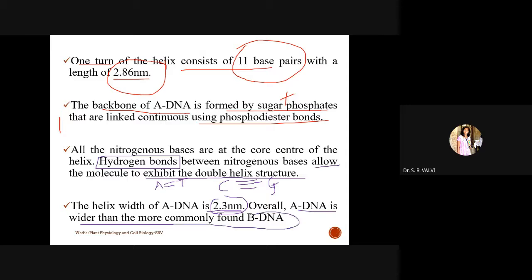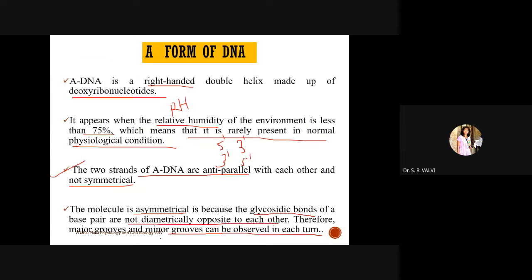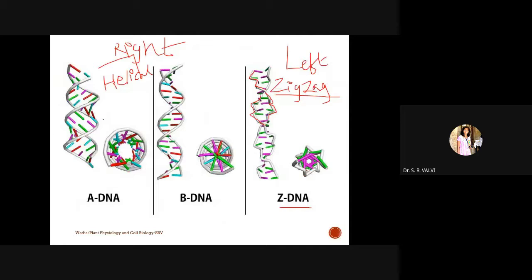So please remember, A DNA is wider. In my very first slide I have shown you that this is wider. So hence, what are we observing? This is the gap. Let me change the color so that you will get it. Here you can see this is the gap which is present in between, and this is the total gap which is present.